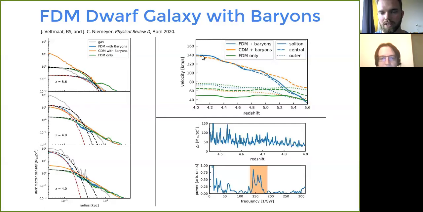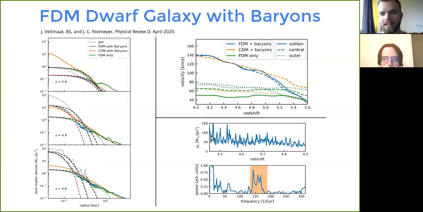That shows up also in the ground state radius, and that we indeed see here in the radial density profiles, that with smaller redshift, the inner part becomes more and more compact. So this red dashed line becomes more and more compact.